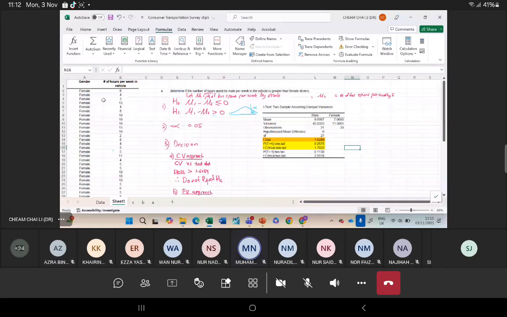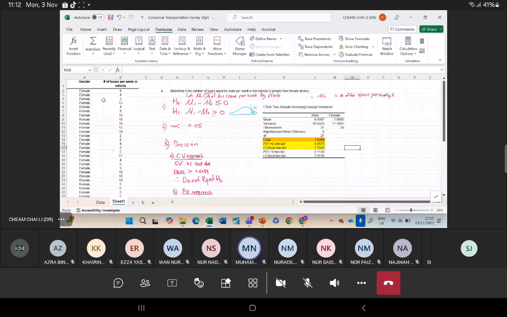Okay, so this is question 1. Now take a look at question number 2. This time we need to determine if the miles driven per week by SUV and car drivers are the same. That means we want to compare the mean miles driven by SUV and the car drivers. So we want to check whether the two are the same or not the same, right?